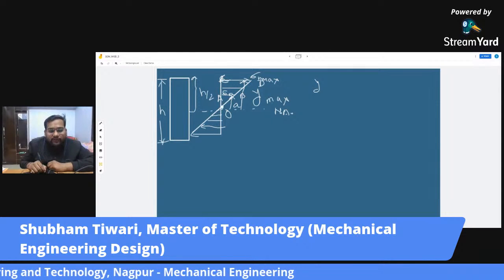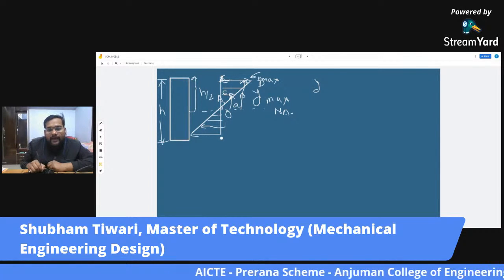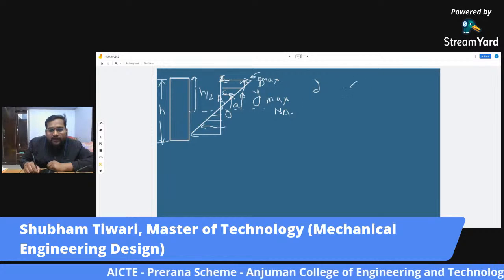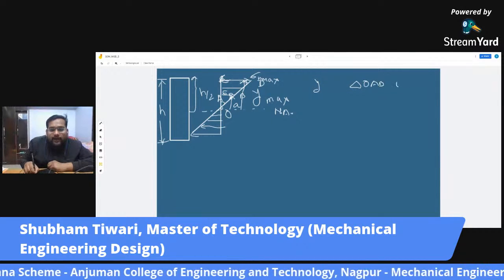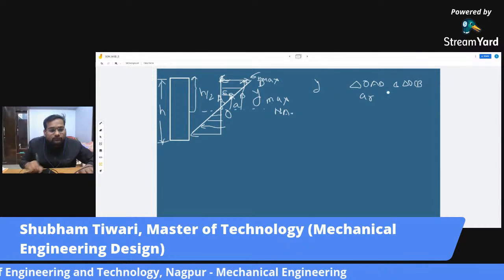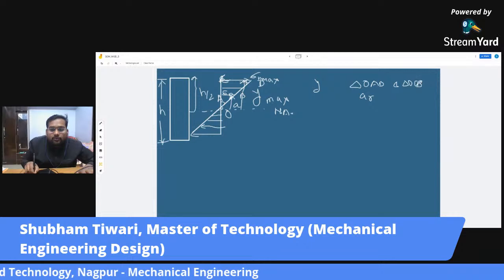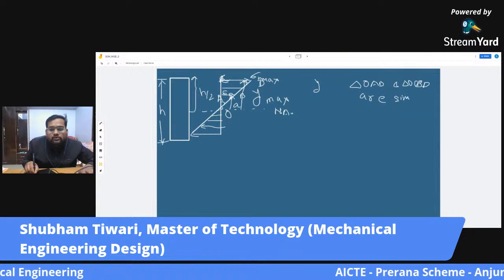This side is almost similar, and this angle is common to both, as well as this angle is also the same. So by angle criteria, we can say that triangle OAB and triangle OCD, not B, it's D, are similar.